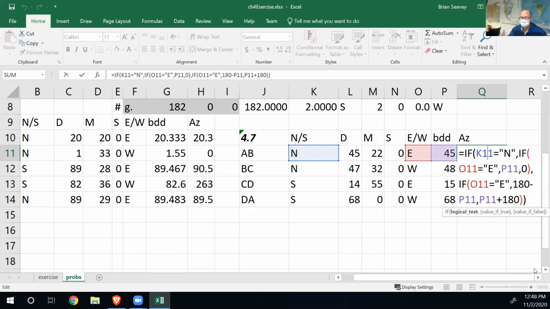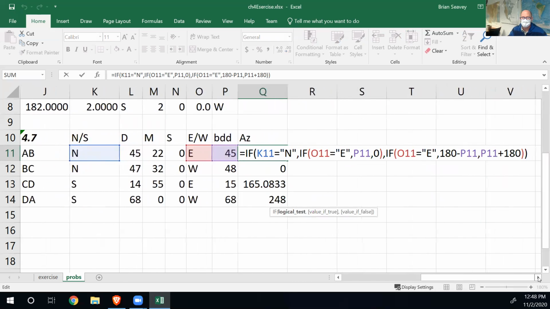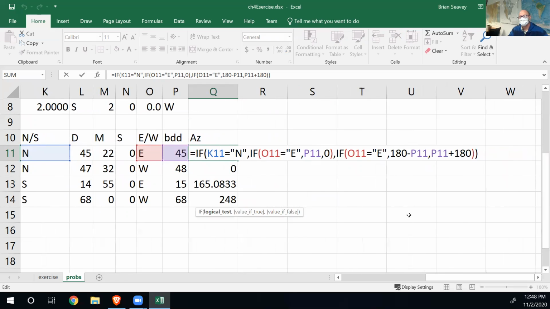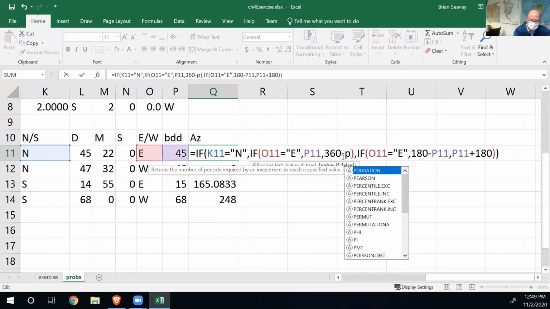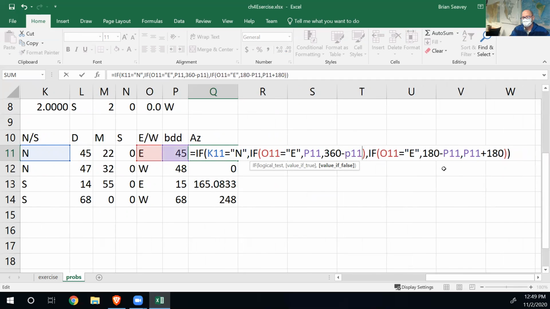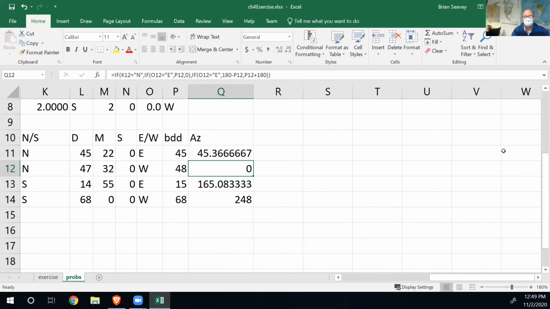Let's stretch it out here. I didn't finish this off here. So if it was northeast, I just did that. In this case, if it's northwest, if you have the bearing angle, how do you get the azimuth? 360 minus that, right? And otherwise 180 and 180. Okay, so we're good.